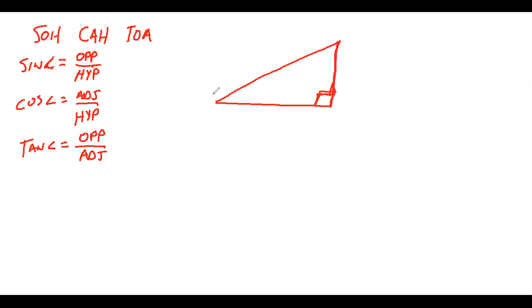So the first thing that people get hung up on, in my experience, is the opposite, adjacent, hypotenuse stuff. So relative to this angle, where is the opposite, where's the adjacent, and where's the hypotenuse?